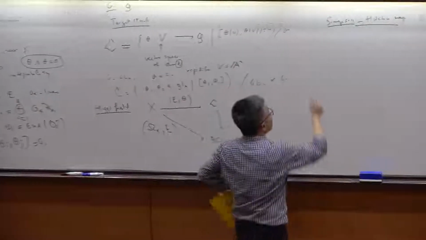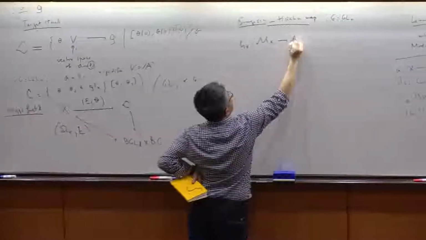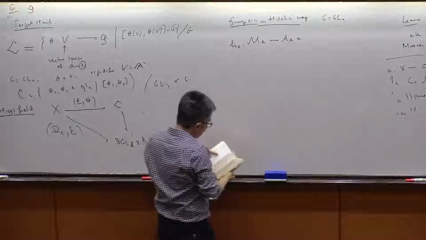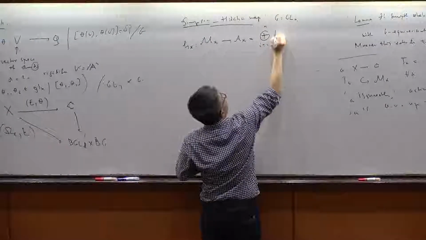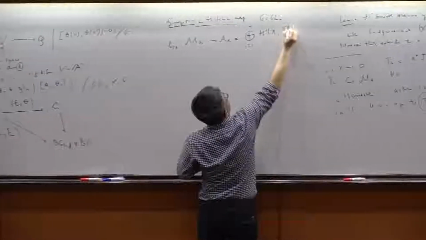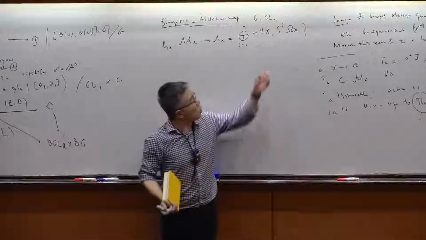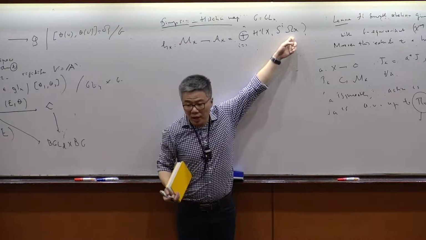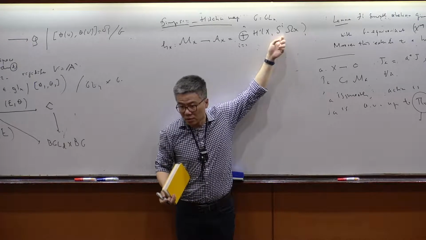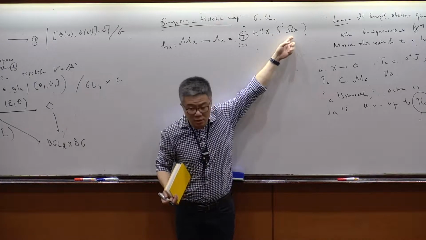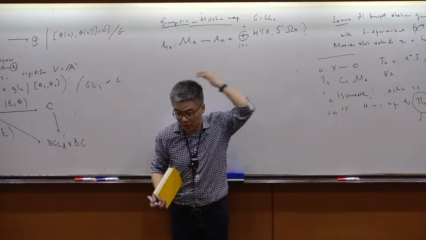He defines h_X: M_X → A_X, which is very similar to the one-dimensional case. This is the direct sum over i from 1 to n of H^0(X, Sym^i Ω_X). But now it's much more complicated, because in one dimension this is a line bundle, then Sym^i is also a line bundle, it's just a tensor power. But here Ω_X is a rank d vector bundle, and Sym^i of that is kind of complicated stuff.